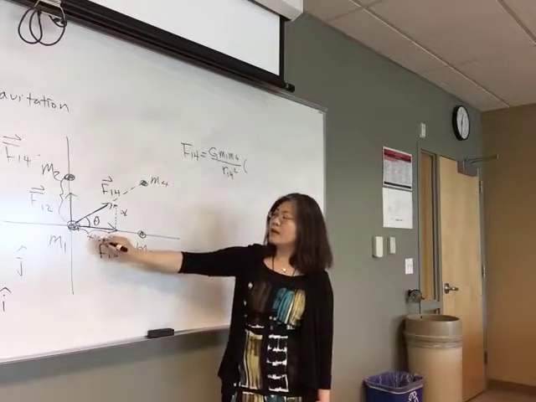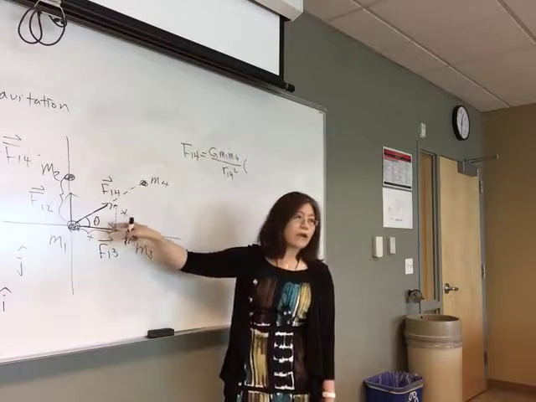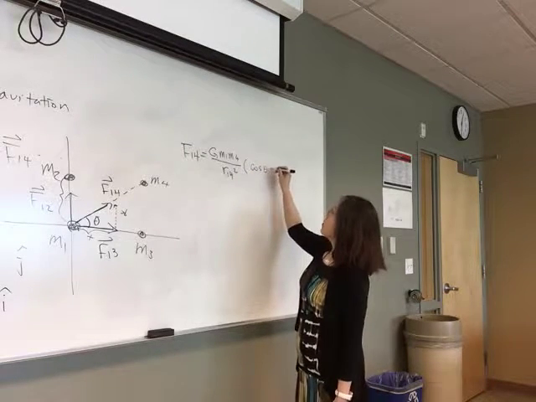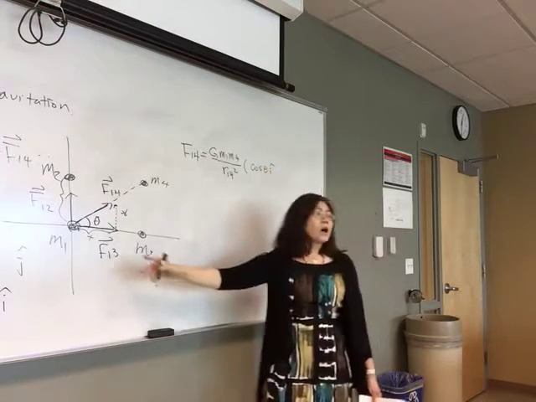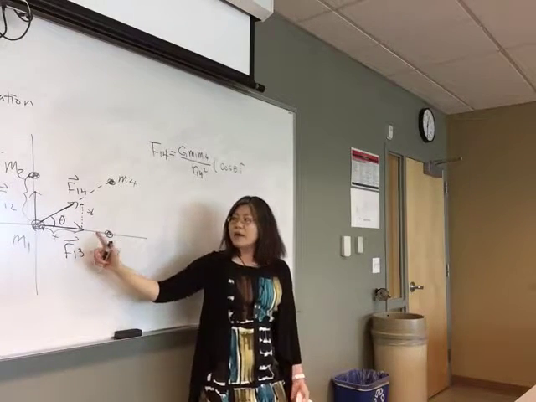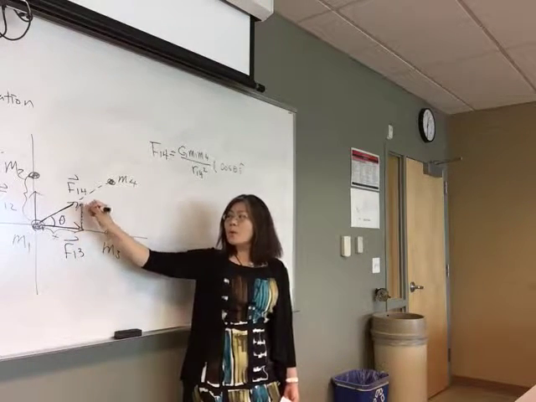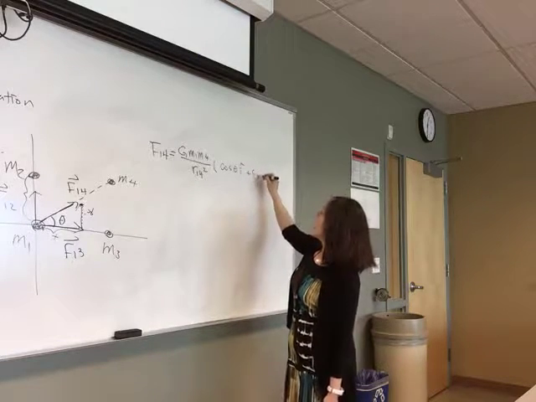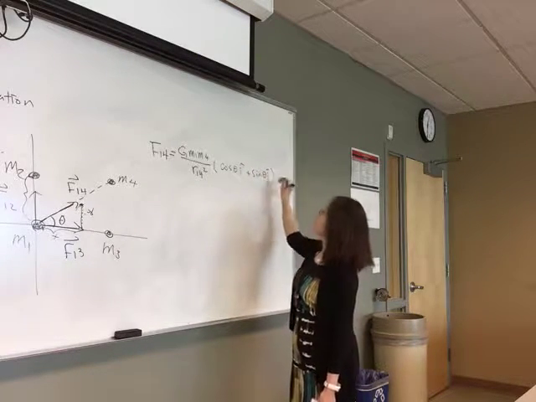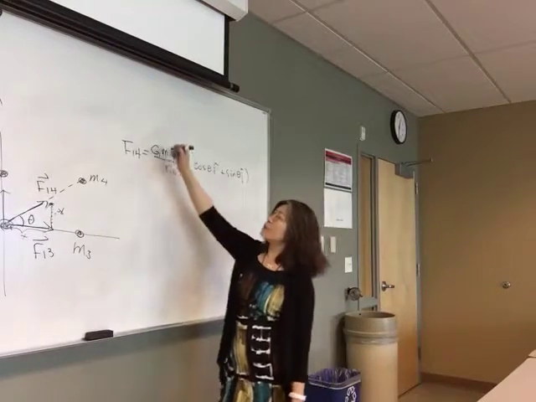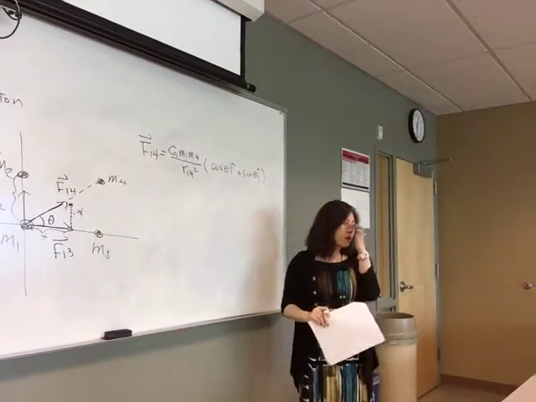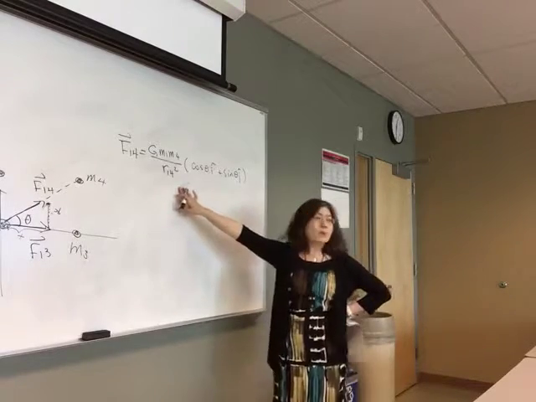This is adjacent to the angle. So that's your cosine theta, and that's pointing rightward, so you use a positive. So cosine theta i hat, and this one is pointing upwards, and this is opposite the angle. So that will be sine theta j hat. So this is how you express F14. You have to resolve it into an x and y component. First of all, you've calculated the magnitude.